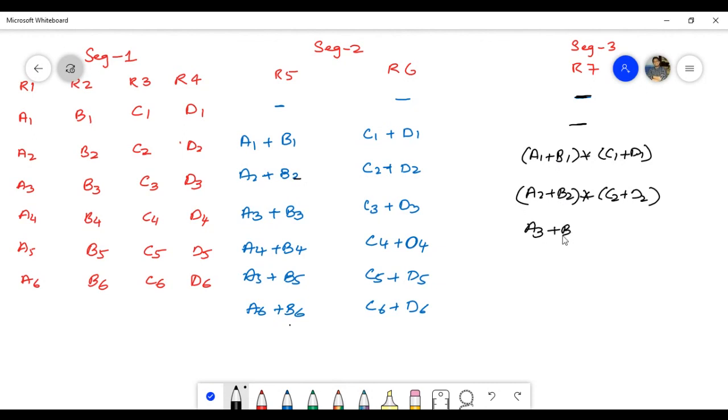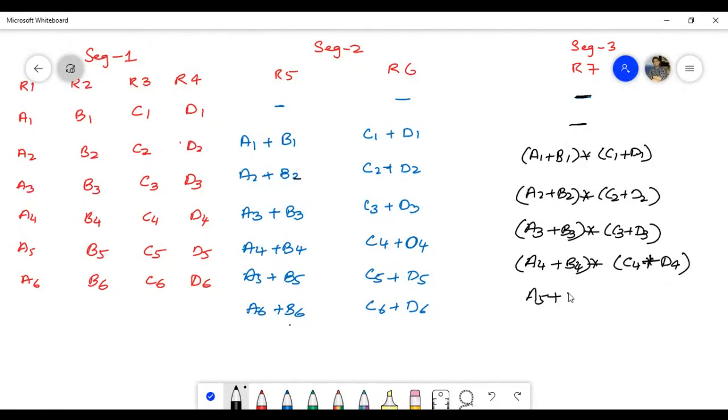A3 plus B3 cross C3 plus D3. A4 plus B4 cross C4 plus D4.